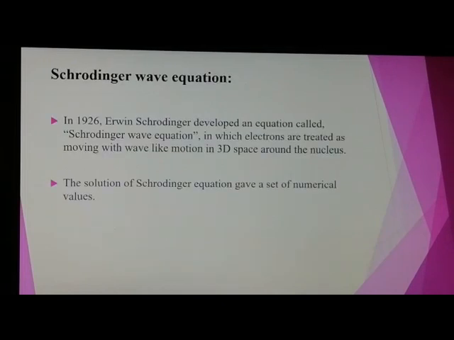In 1926, Erwin Schrödinger developed an equation called Schrödinger wave equation, in which electrons are treated as moving with wave-like motion in 3D space around the nucleus. The solution of Schrödinger equation gave a set of numerical values that are actually the quantum numbers.